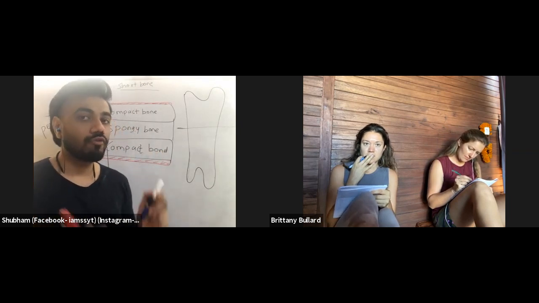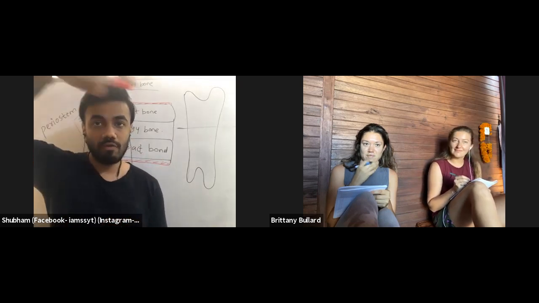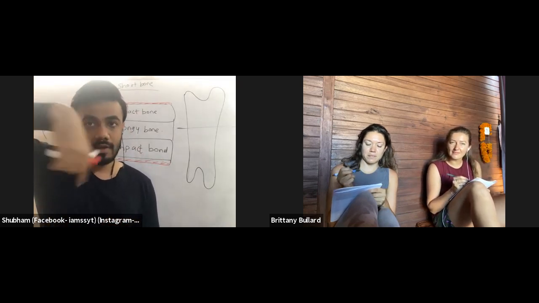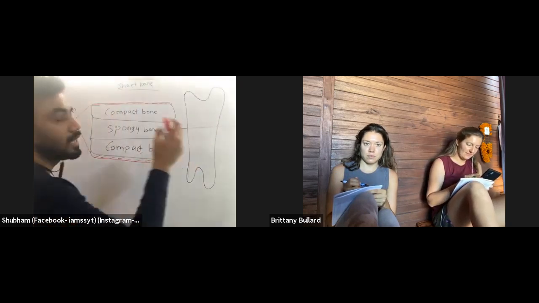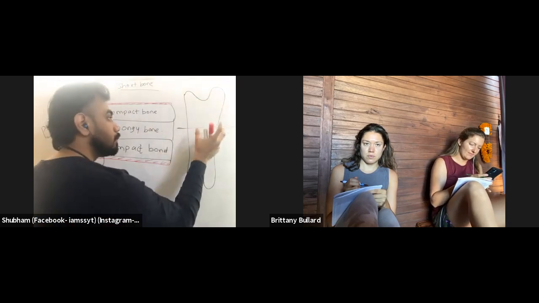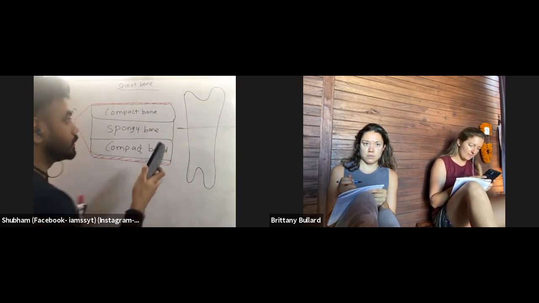When you cut a trunk of a tree, you will find a circle. So that we will see, the microstructure of this bone.